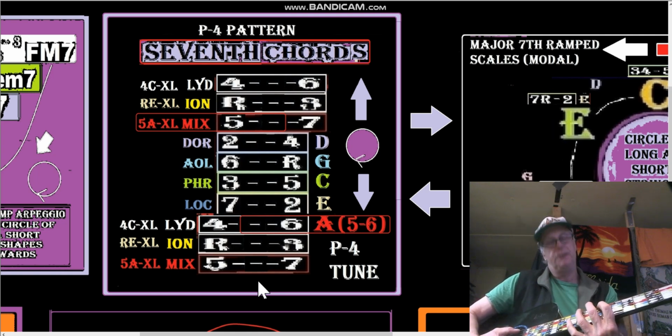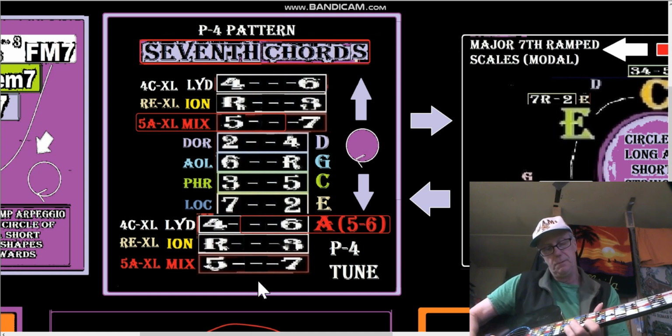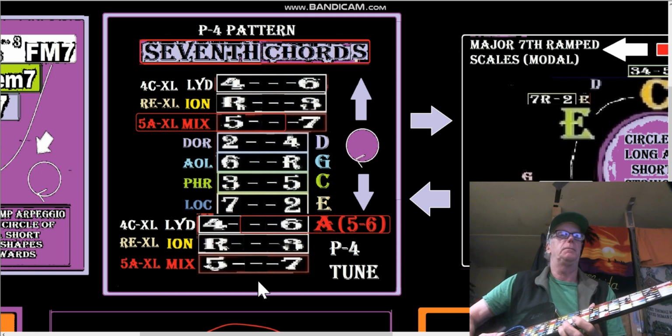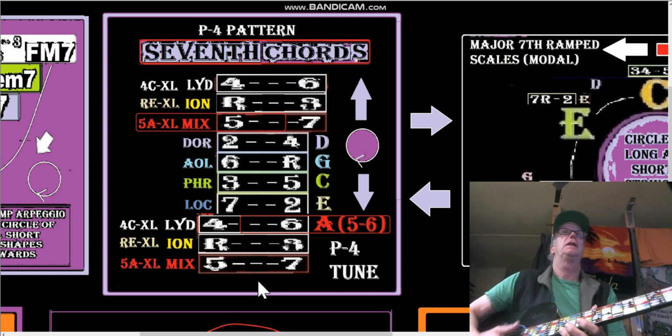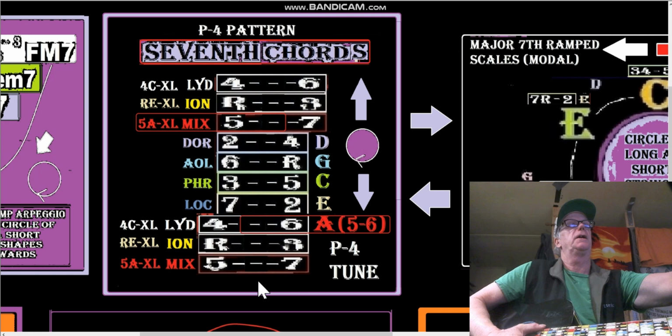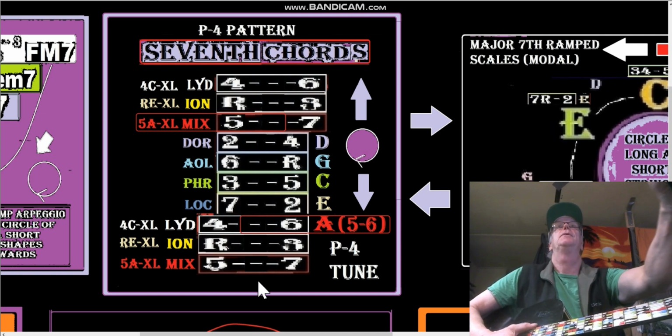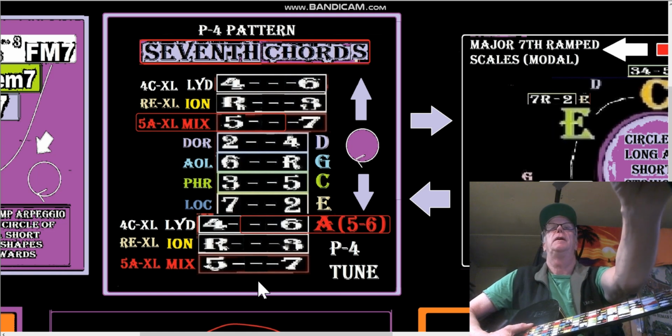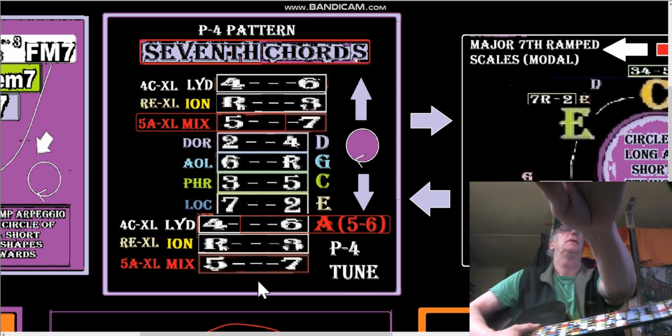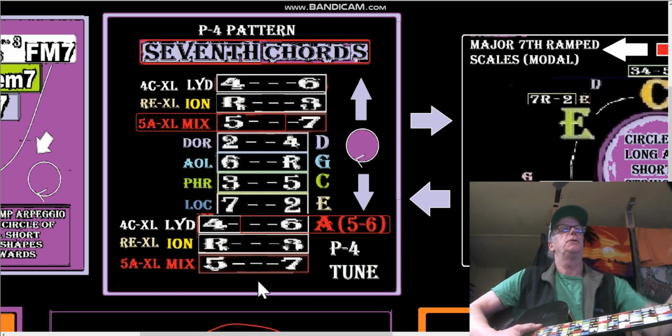Let's listen to it. It wouldn't sound like much, because it's a broken scale. It's like 5, 7, root 3, 4, 6, 7, 2, 3, 5, 6, root. So we're skipping notes there.